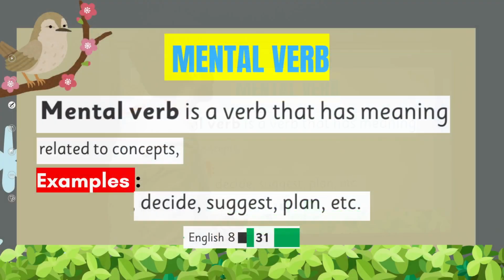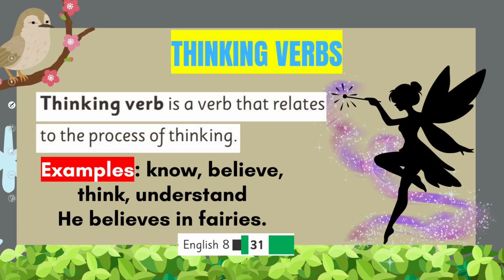Now, let's talk about the mental verb, which is a verb that has a meaning related to the concept. For example, decide, suggest, or plan, etc. All these are our mental verbs. Let's talk about thinking verbs.